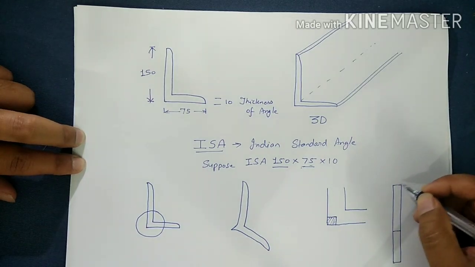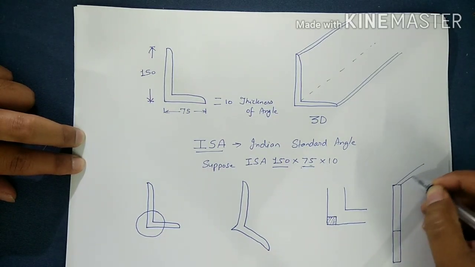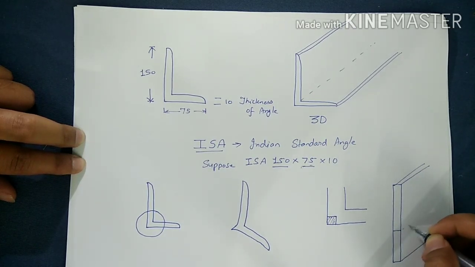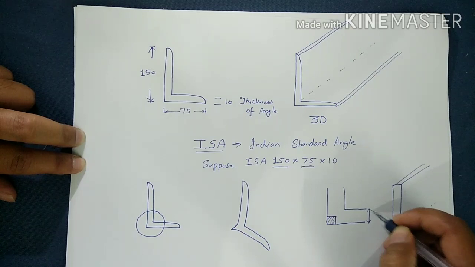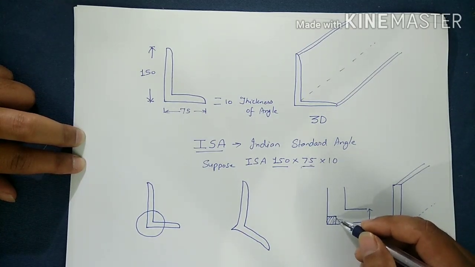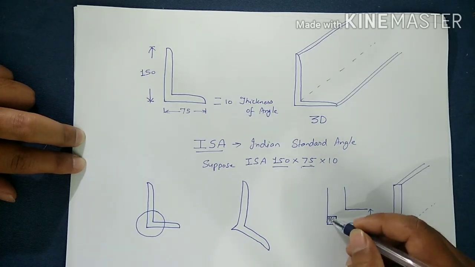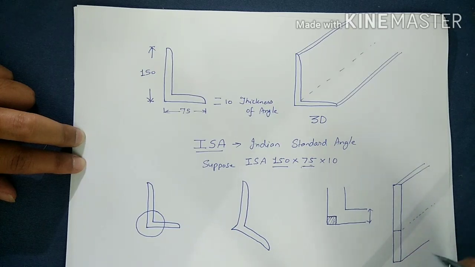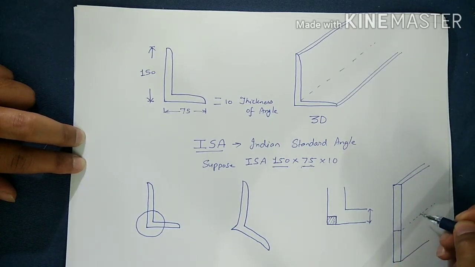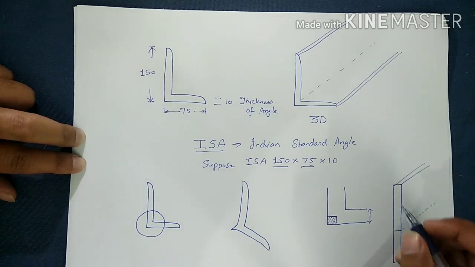In 3D it will look somehow like this. So we have to know how much reduction is done in both sides of the legs so that it can be flattened in a straight line.